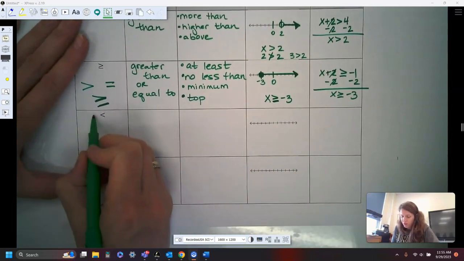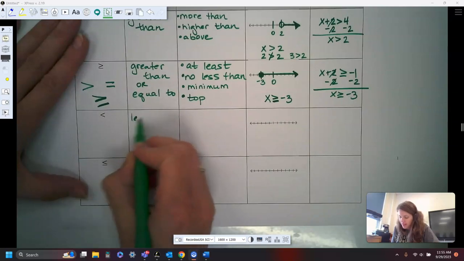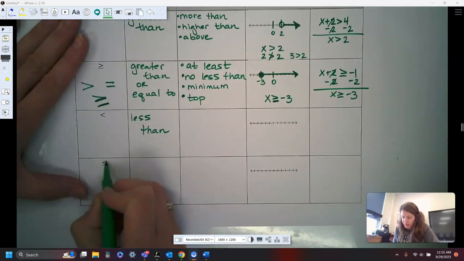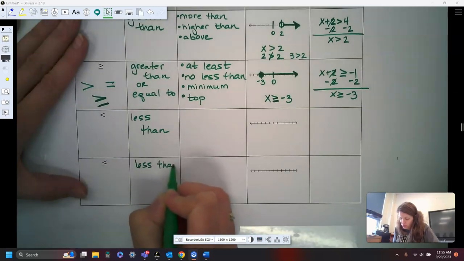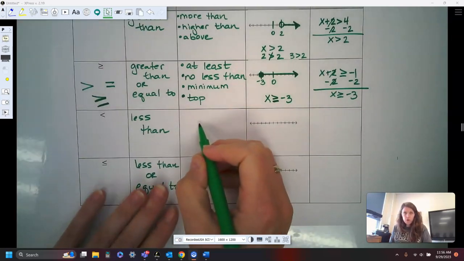This one, again, I'm moving from left to right. When I touch the first part of this symbol, I touch the small side. So that means this one says less than. And we can go ahead and fill in the last one then, right? This is the less than or equal to. All right, so some words that you might hear for those ones, right?